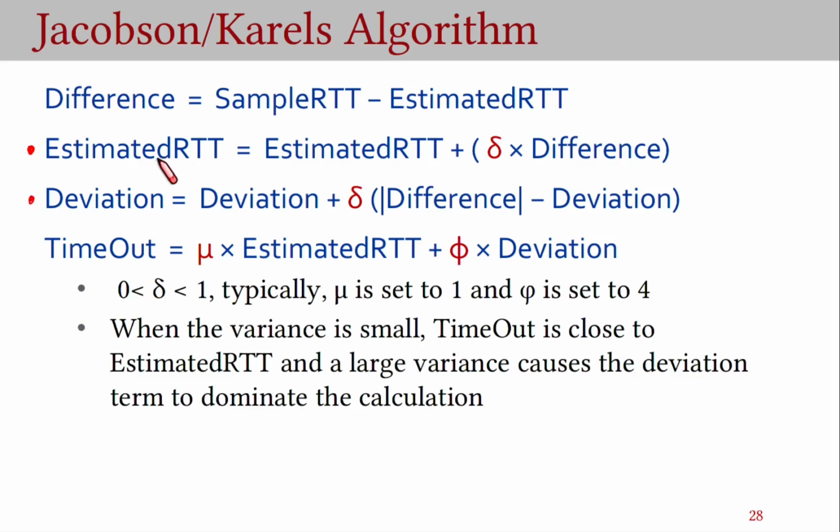And for computing estimated round trip time, we use this equation. We take the previous estimated round trip time and then add to it delta times difference, where difference is sample round trip time minus estimated round trip time.